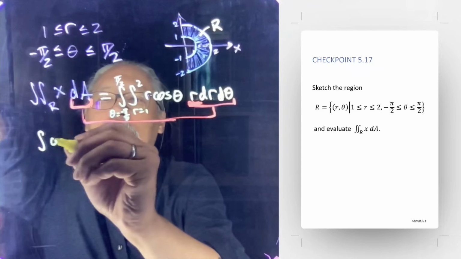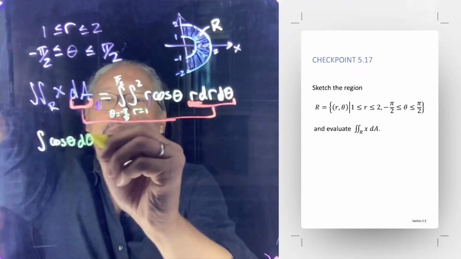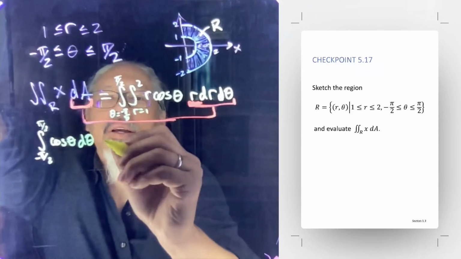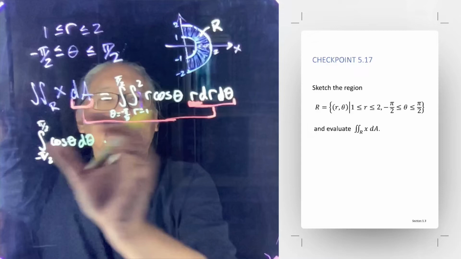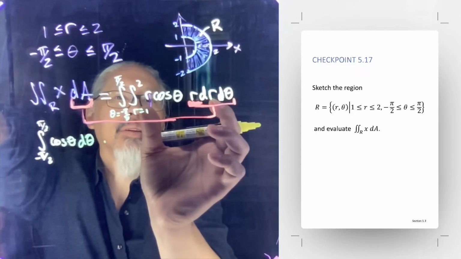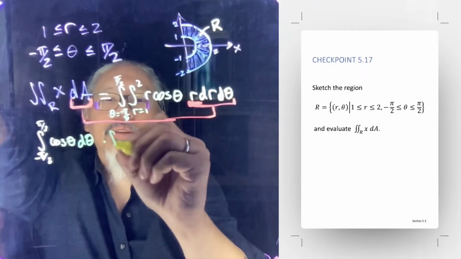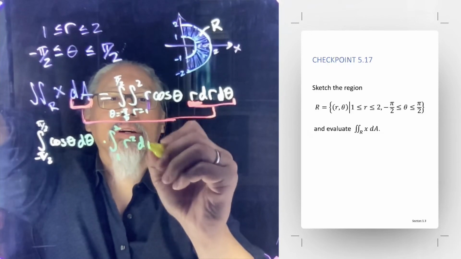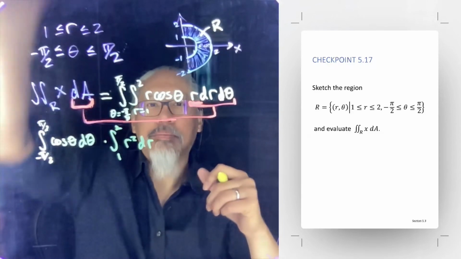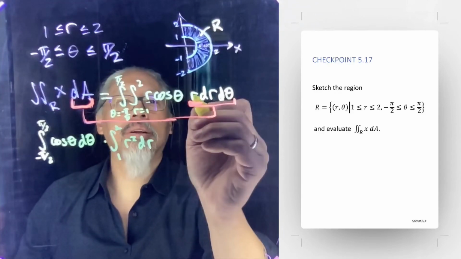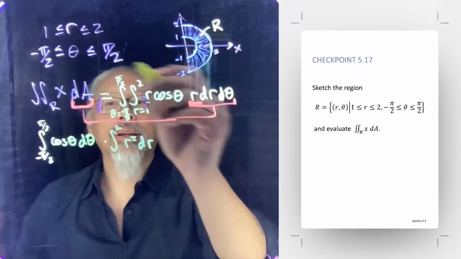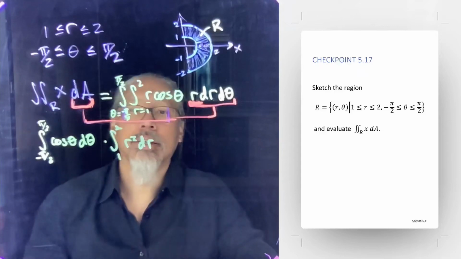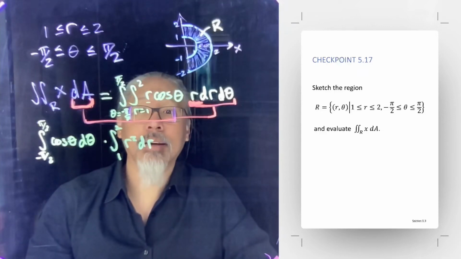The single integral of cosine theta d theta, where theta goes from negative pi over 2 to pi over 2, is taken out of the inner integral, which is the integral from 1 to 2 of r squared dr. The r squared comes from this r and this r, dr, and theta is constant, so we can bring that factor out, and this is what we have now.